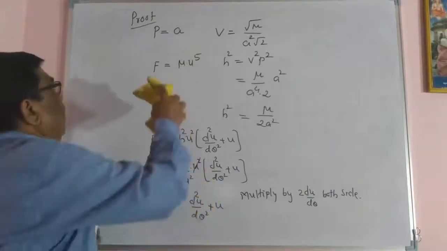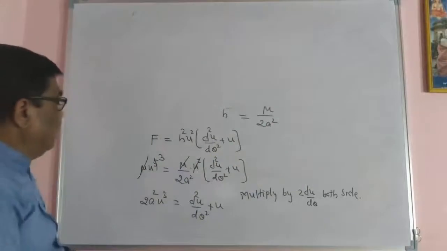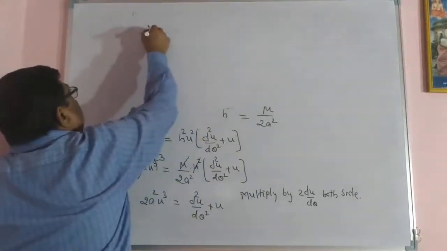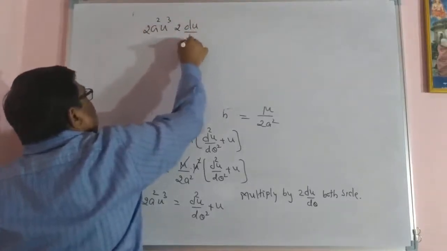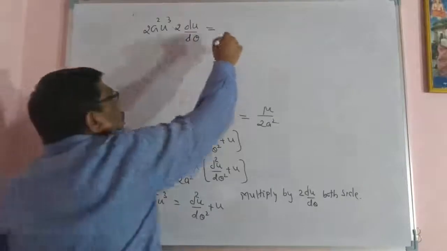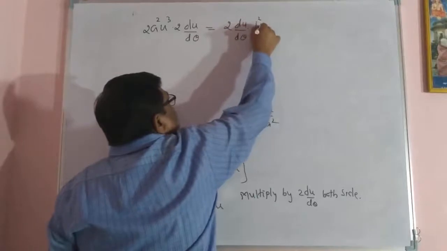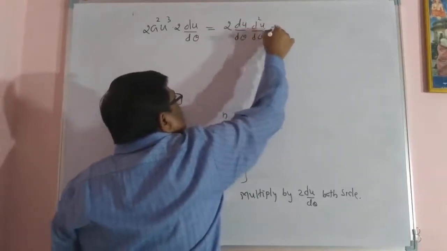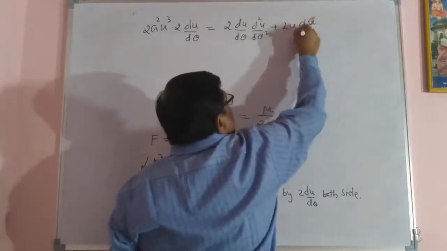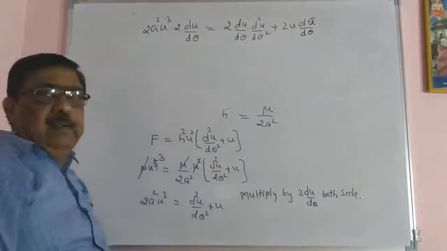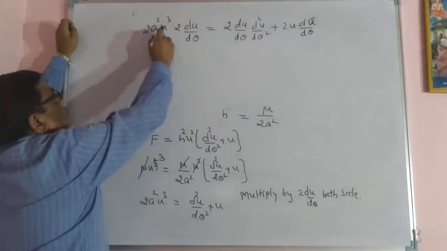See what happens if I multiply both the sides, in order to integrate this. It is 2a square u cube into 2 du by d theta equal to 2 du by d theta into d square u by d theta square plus 2u du by d theta. I have taken it like this because 2 into 2 is 4 u raised to 3.